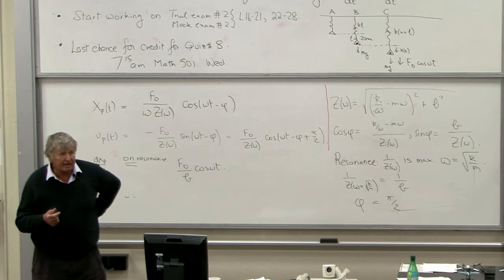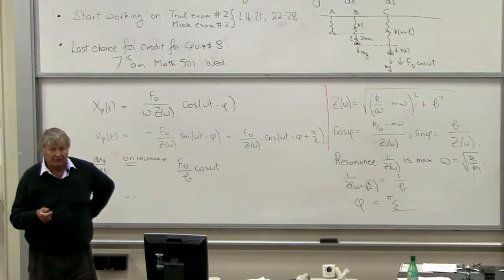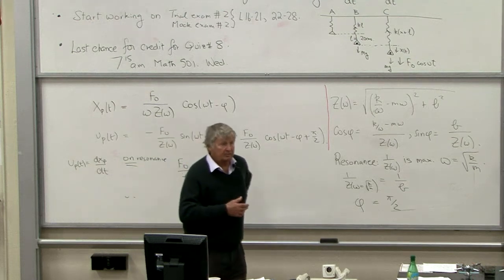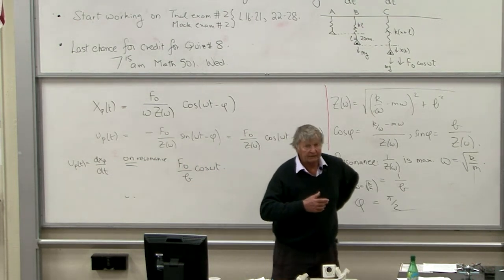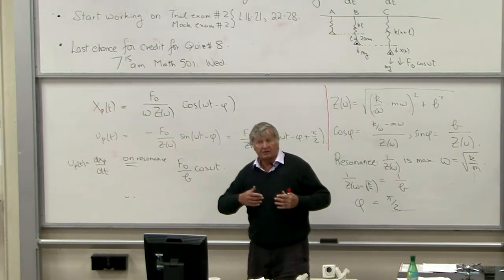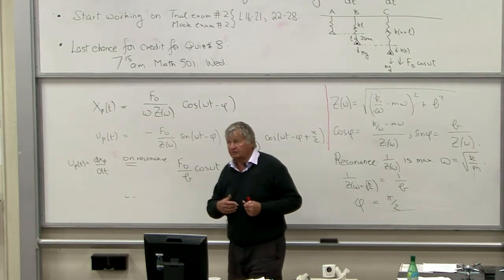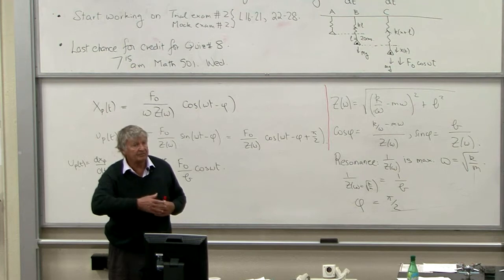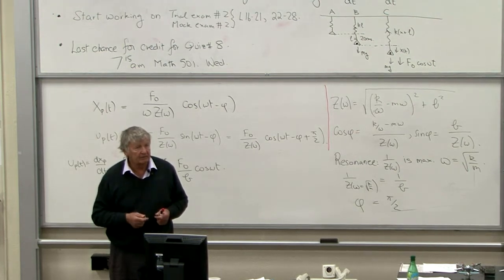What they may get into trouble with is if the wind is fluctuating, if there's a lot of turbulence, if the wind is fluctuating and has lots of frequencies. So the actual force is an oscillatory force, like F0 cos omega t.